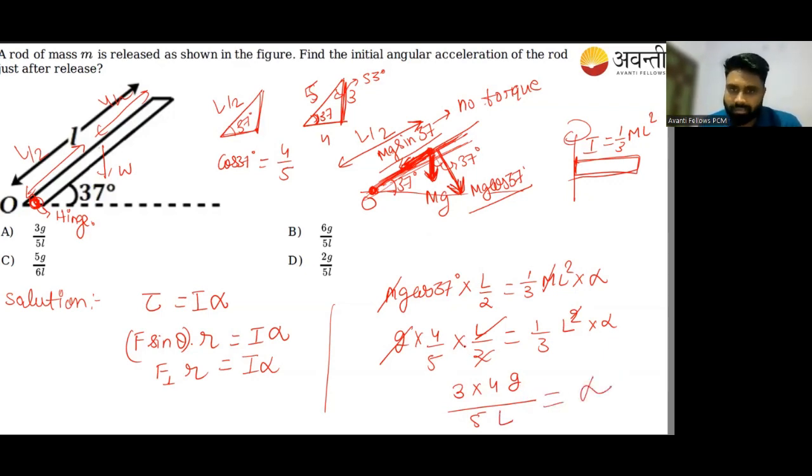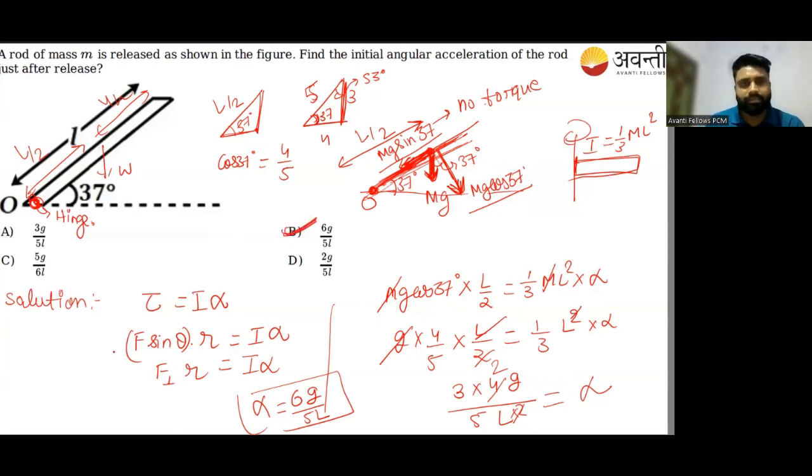There is another remaining 2 over here, which will cancel this 2. So alpha here is nothing but 6 times g by 5L. I hope you got this. So option B is the correct option.